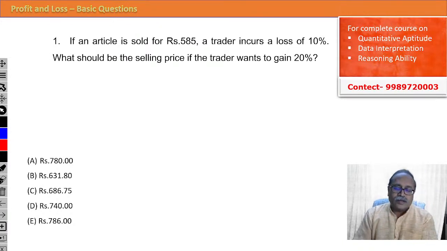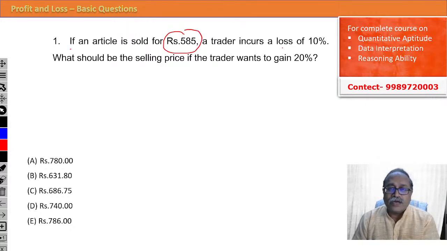Okay. Let's begin here. If an article is sold for rupees 585, a trader incurs a loss of 10%. We have given a very small question. What should be the selling price if the trader wants to gain 20%?